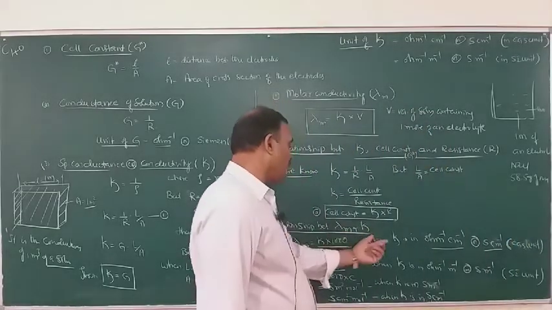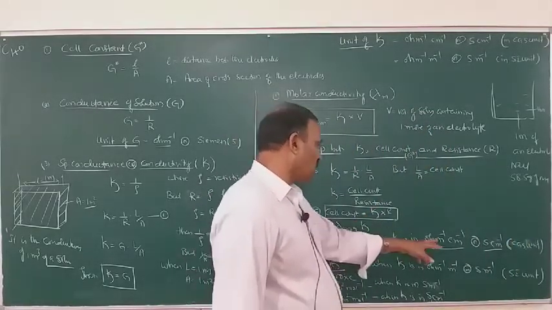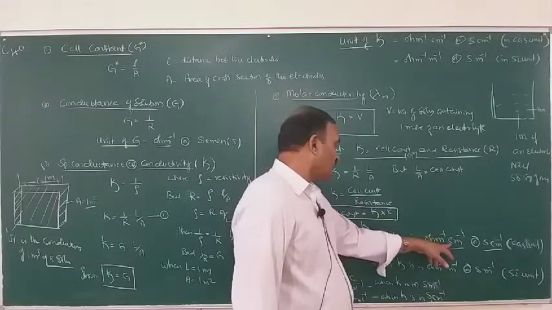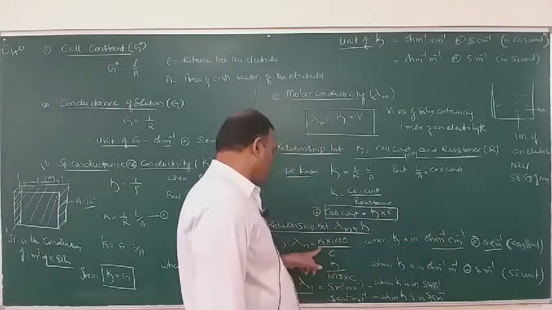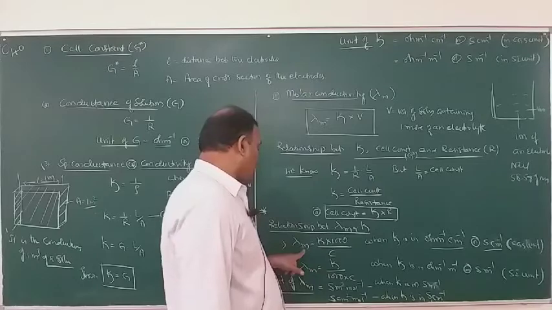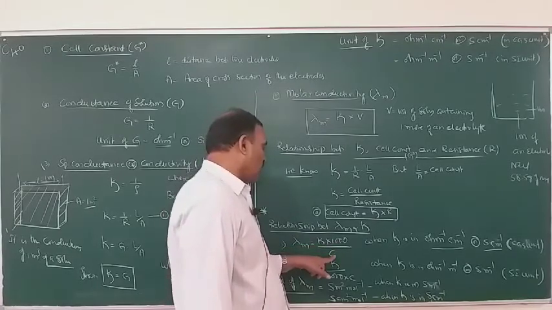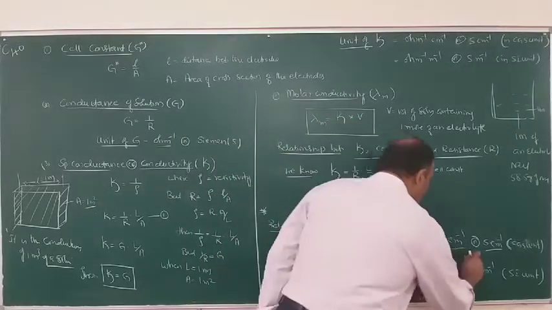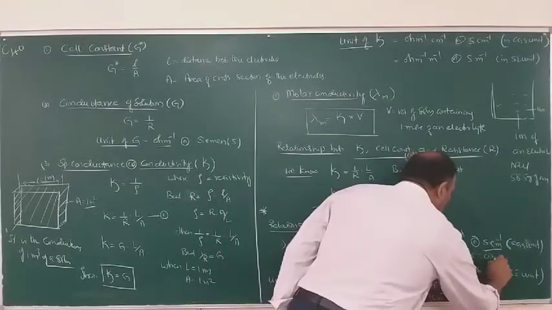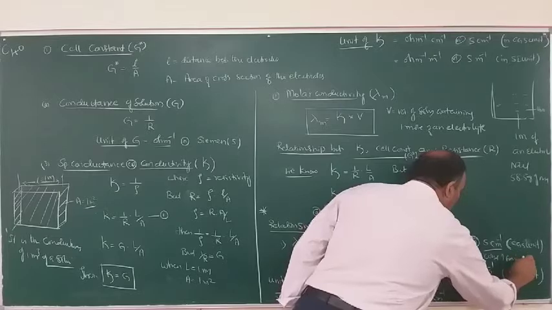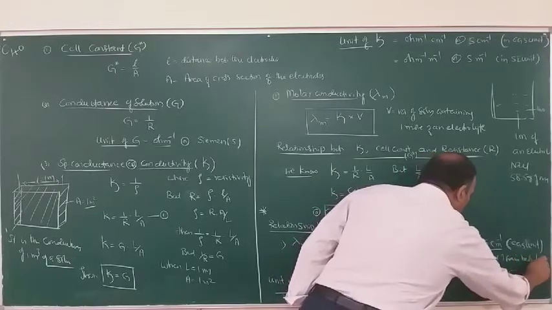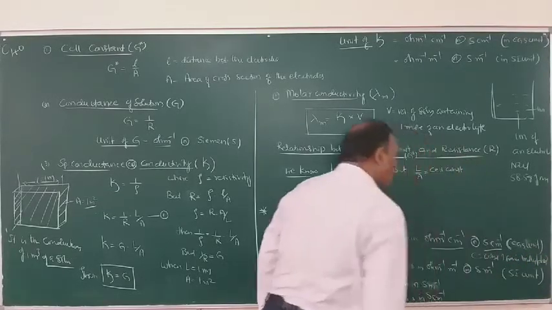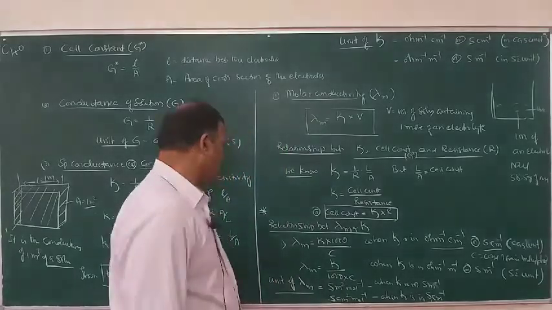So, if kappa is given in CGS unit, we have to use this equation, lambda m is equal to kappa into 1000 divided by C, where C is the concentration of the solution in moles per dm cube.